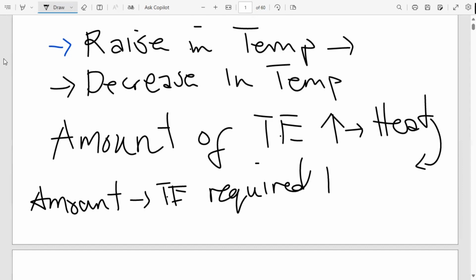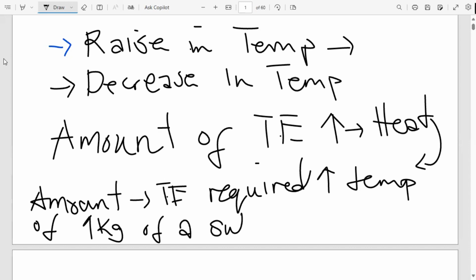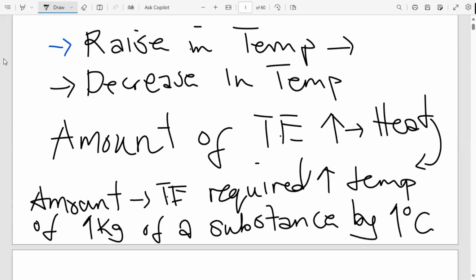to raise. I'll be using arrows pointing up to represent raising. The amount of thermal energy that is required to raise the temperature of 1 kg of a substance, because I want to be specific here. That's why I'm saying specific heat capacity, of 1 kg of a substance by 1 degree Celsius, or sometimes we can use 1 Kelvin.